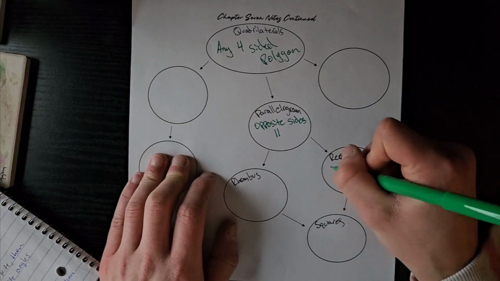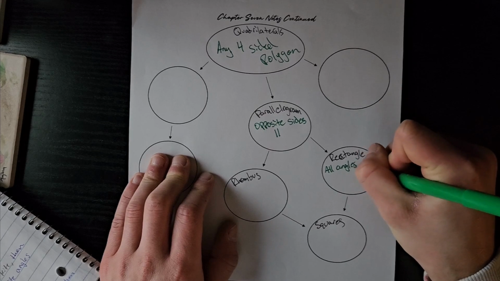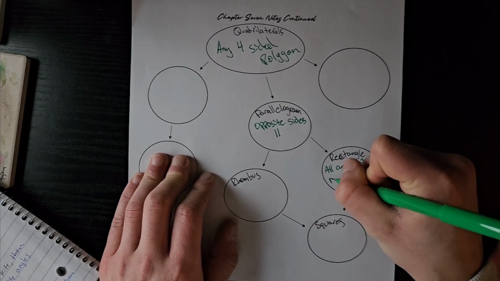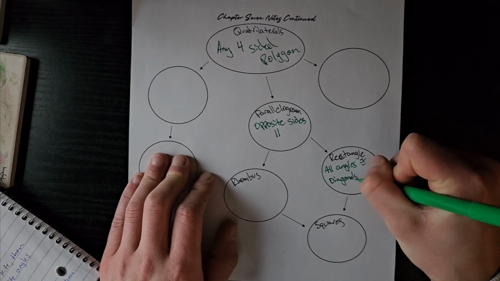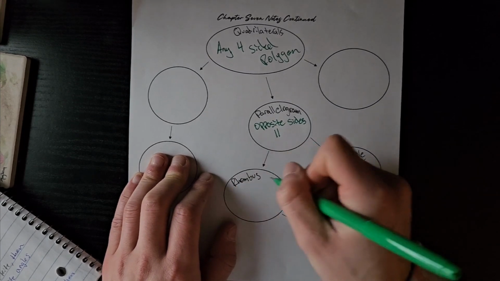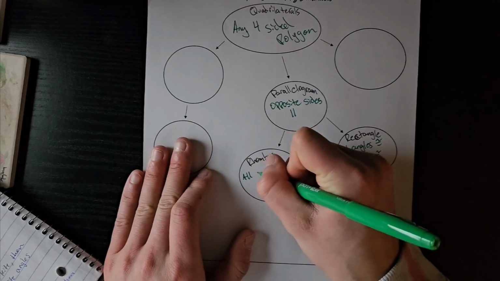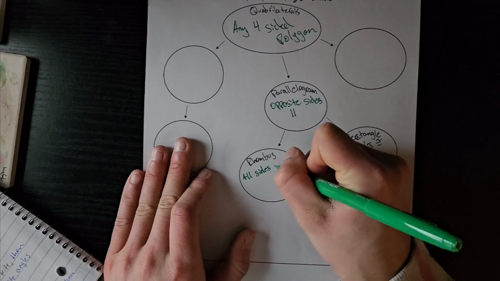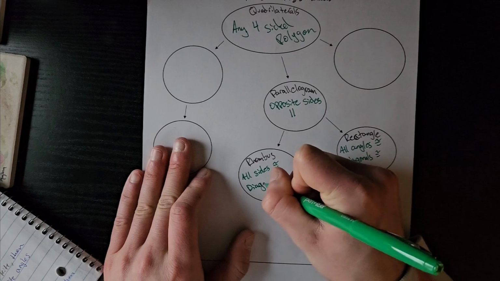For rectangles, it is having all angles congruent and having its diagonals be congruent as well. For rhombuses, it is having all sides congruent and having its diagonals be perpendicular.